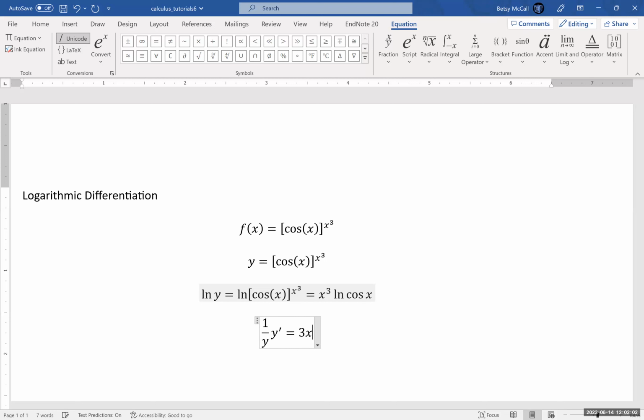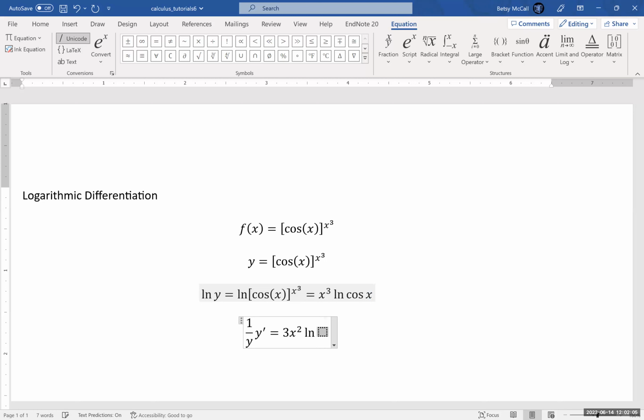We have 3x squared log of cosine x plus x cubed times 1 over cosine x times negative sine x.